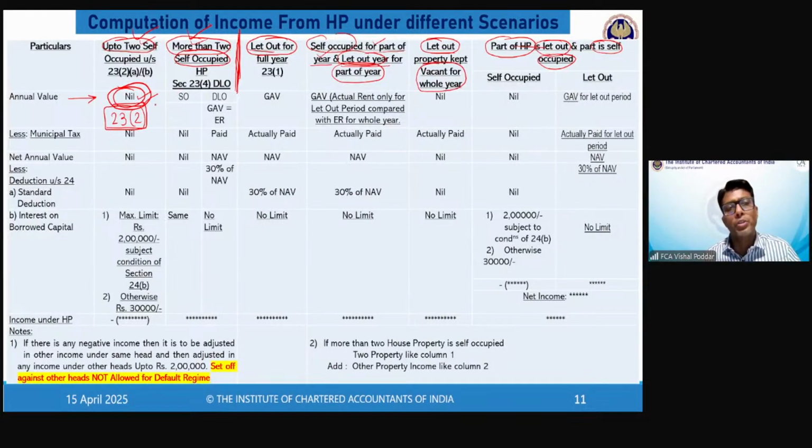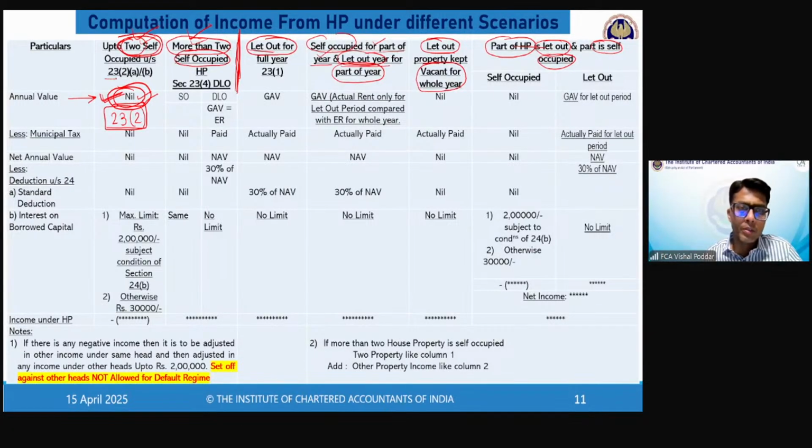Now comes the most important point. आपके पास बहुत सारे सेल्फ ऑक्यूपाइड प्रॉपर्टीज हो सकते हैं बिकॉज यू मे हैव मल्टीपल फ्लैट्स जो आप यूज कर रहे हो खुद के लिए, आपके पेरेंट्स रह रहे हैं, आपके भाई बहन रह रहे हैं, या आपने वो बंद रखा है, मीन्स यू आर नॉट गिविंग इट ऑन रेंट. सी, आप जिस प्रॉपर्टी को रेंट पे नहीं दे रहे हो, आप अपने पास रख रहे हो, दैट इज ऑल्सो सेल्फ ऑक्यूपाइड. नाउ पे अटेंशन. आपके पास कितने भी प्रॉपर्टी सेल्फ ऑक्यूपाइड हो सकते हैं, बट दिस बेनिफिट that GAV will be nil is allowed up to maximum 2 self-occupied properties only.